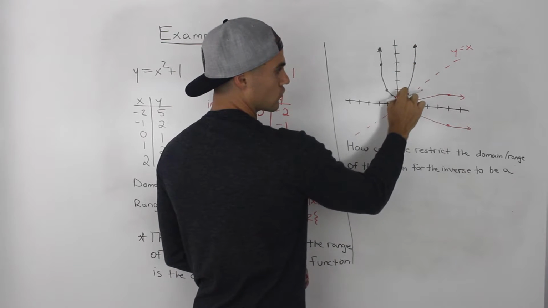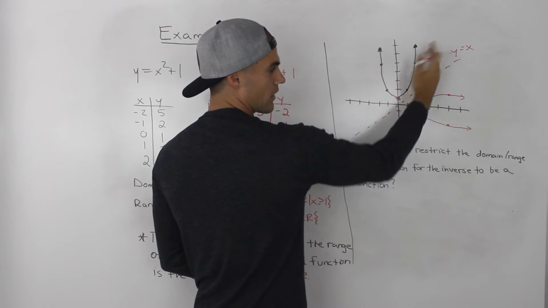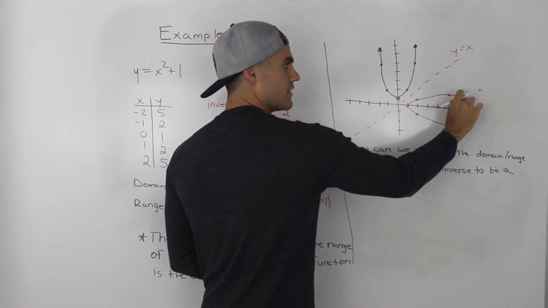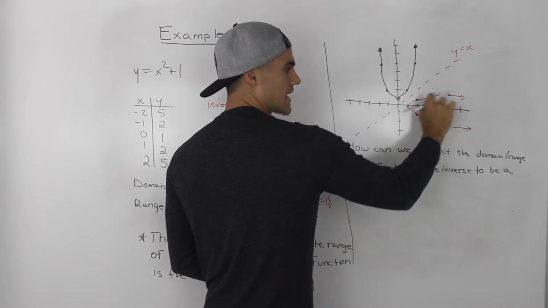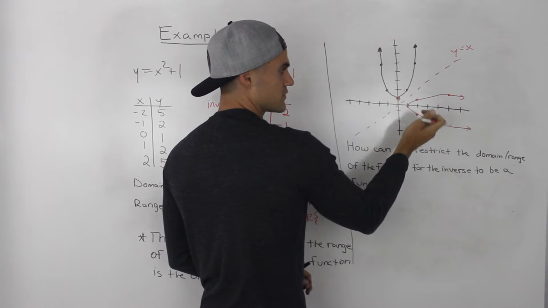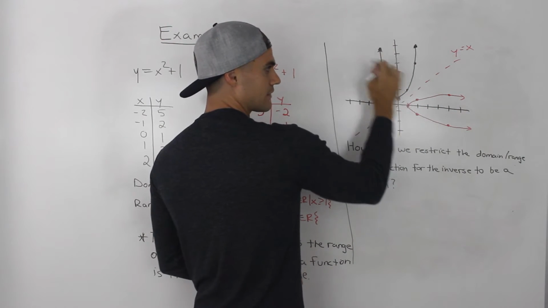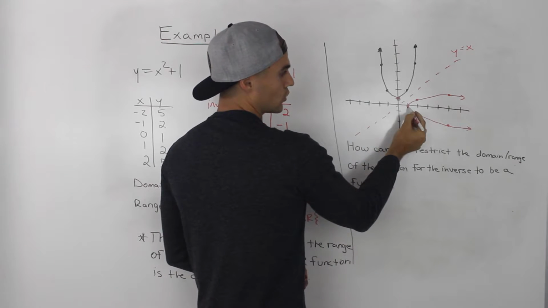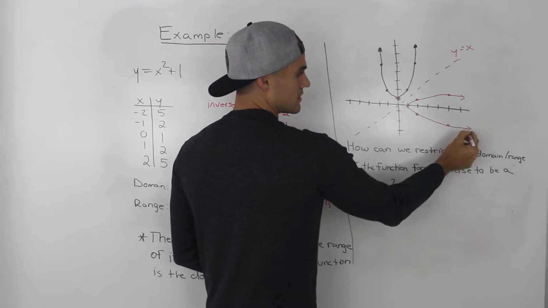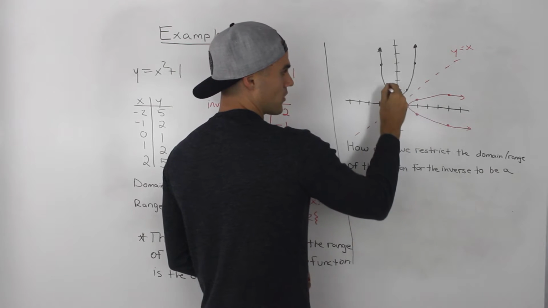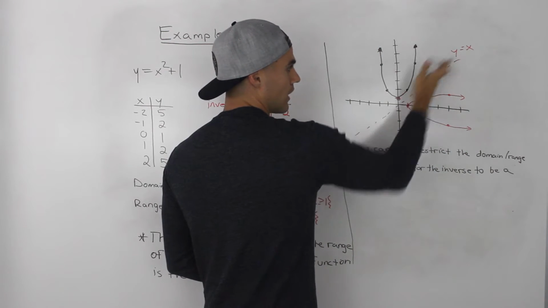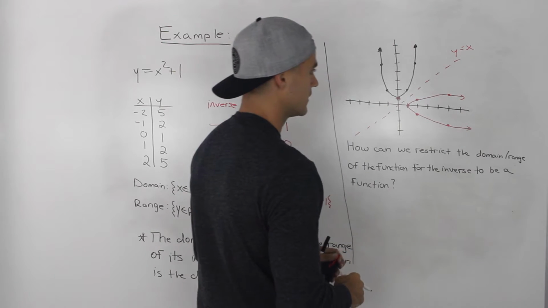This whole right leg of the parabola of the original function corresponds to this upper leg of the sideways parabola, right? They're reflections of each other. And then this left leg, this portion right here of the original function, corresponds to this bottom leg of the sideways parabola. This leg is a reflection of this leg over the line y is equal to x.